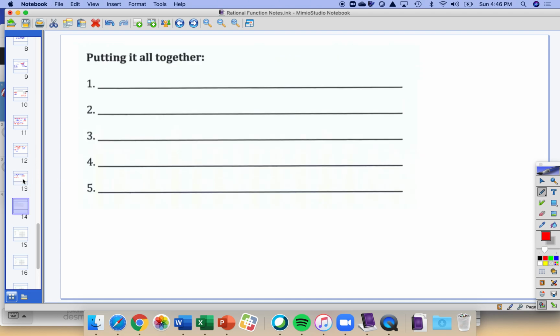So my characteristics, how do I put all of this together into a graph? Well, the first thing I want to do when I am trying to find the characteristics and graph it is I want to find any holes. That's the first thing I want to do, because if I can find holes, that means I can simplify the function.